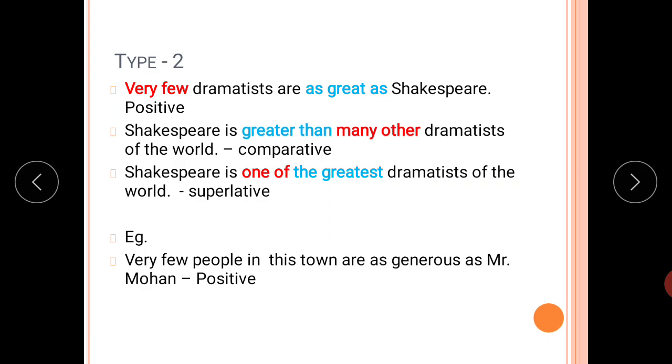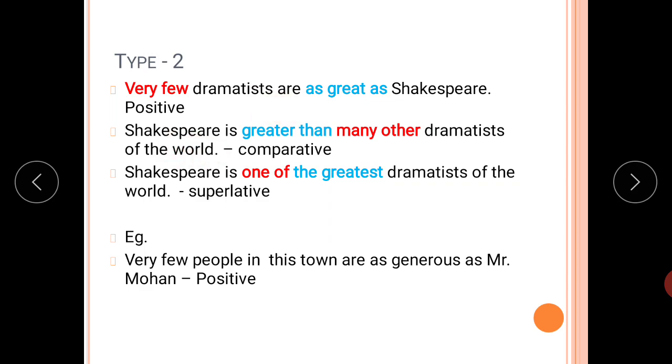Because the subject is plural, the sentence has "are". So look at the degree: "as great as Shakespeare" is positive. So how to write? Always bring the word Shakespeare to begin with. Shakespeare is, this is positive "great", and this is what? Greater than. Why do I change "are" into "is"? Because there we're talking about the plural subject, here the subject is singular.